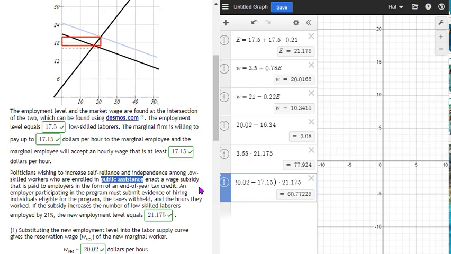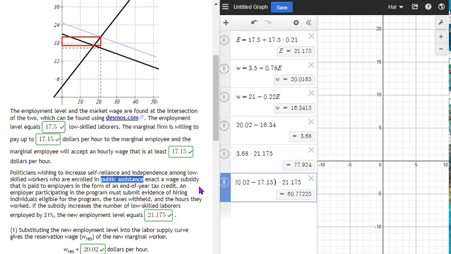If these workers eventually become self-reliant and independent, if they continue to work, they're going to build job skills. They're going to move up within the company, and their income will get to a point where they won't need the subsidy anymore, right? They'll be beyond the subsidy. They'll be self-reliant.